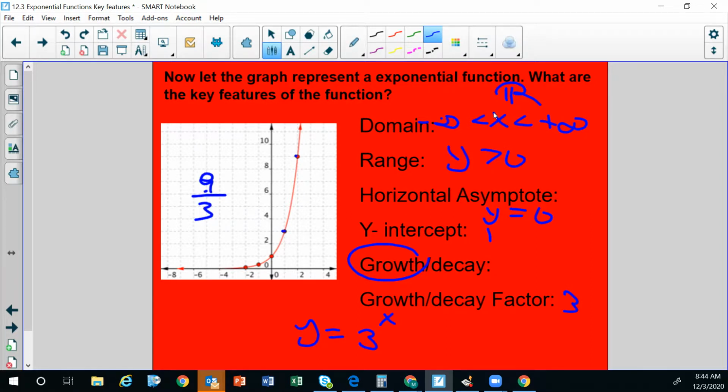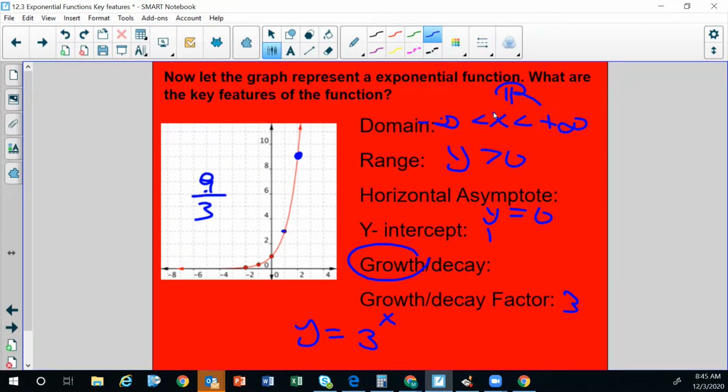Now let's put some restrictions on this. What if this was a circle right there? So what's my range going to be? We've got to put something in it.